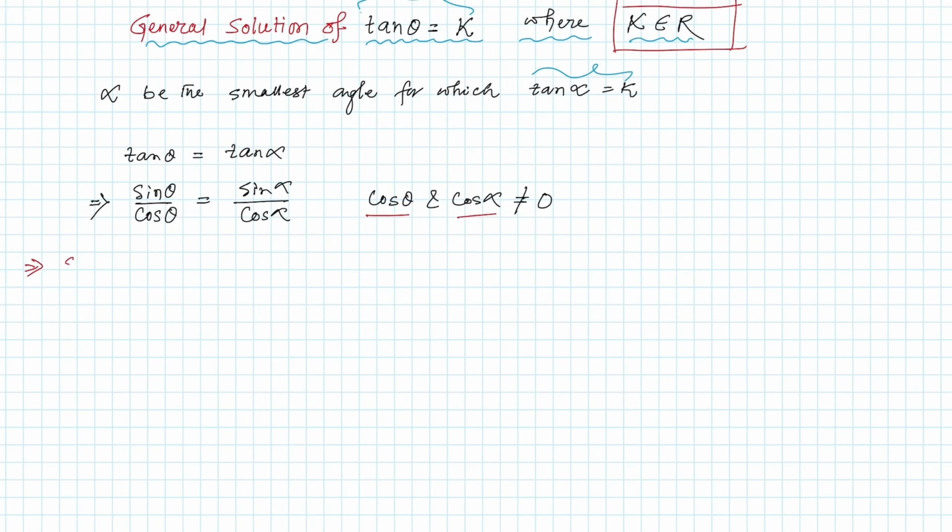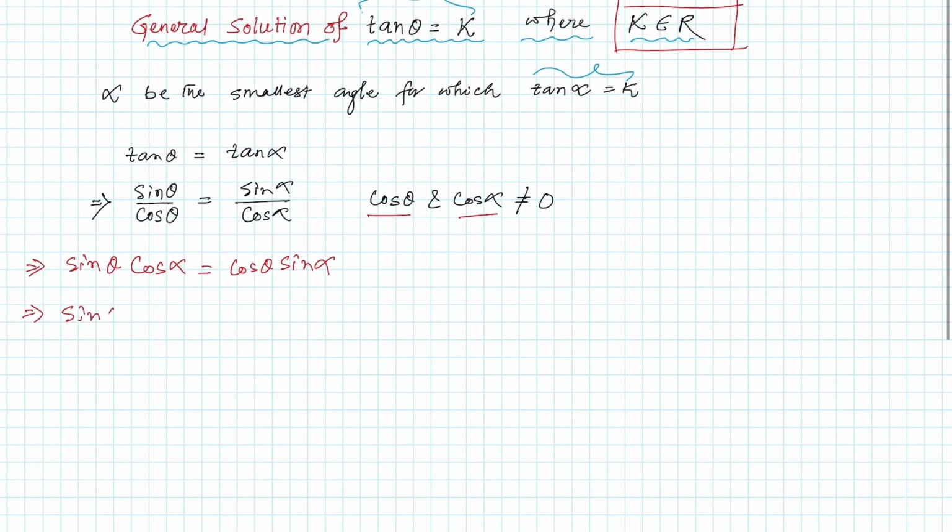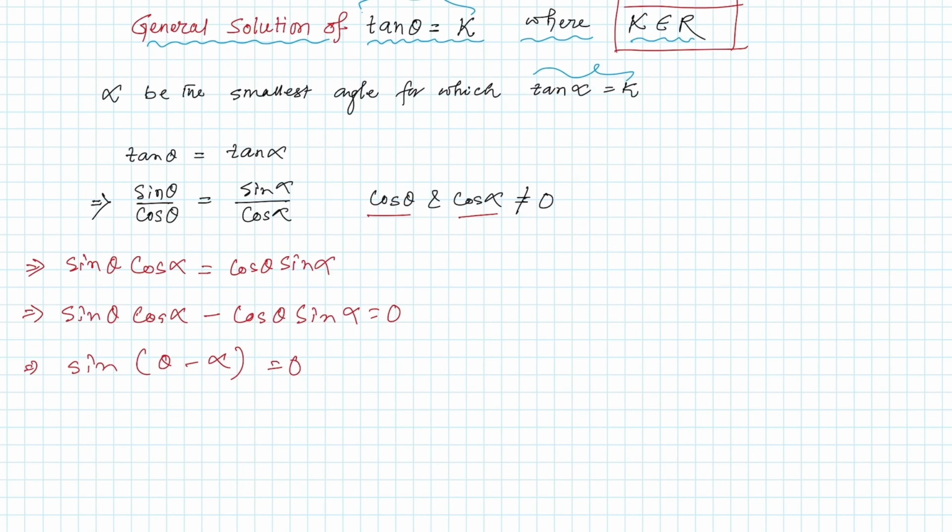Now it implies sine theta into cos alpha is equal to cos theta into sine alpha, after cross multiplication. It can be simplified as sine theta cos alpha minus cos theta sine alpha is equal to 0, and it gives sine (theta minus alpha) is equal to 0.